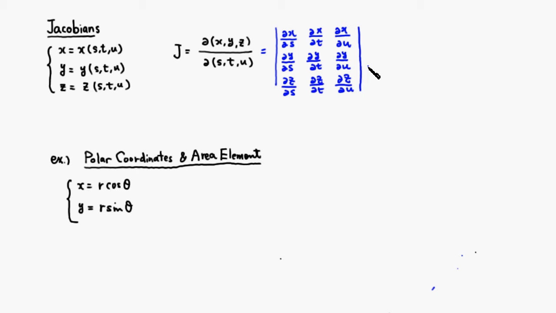This is called the Jacobian. The Jacobian tells you the expansion rate when you do this conversion.